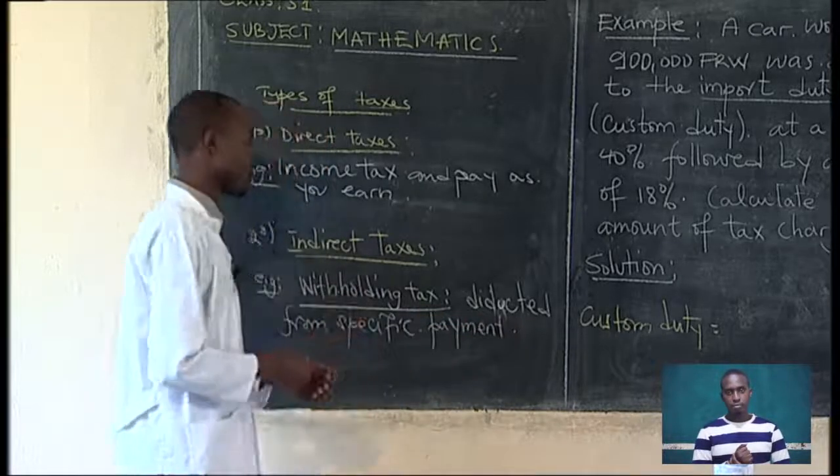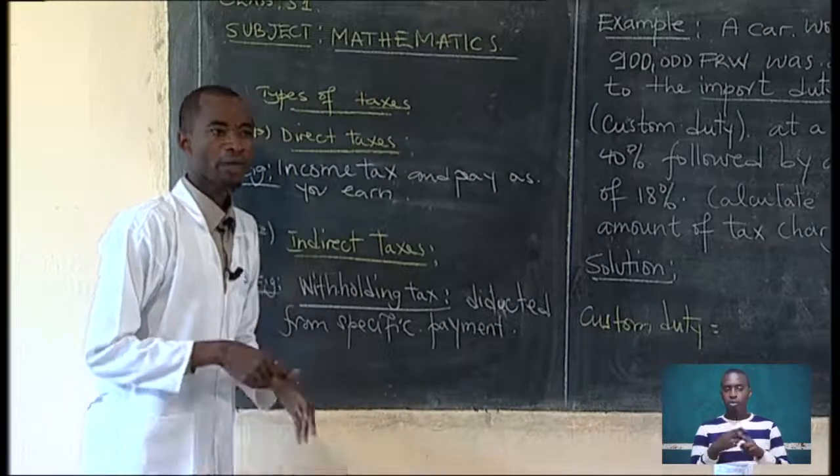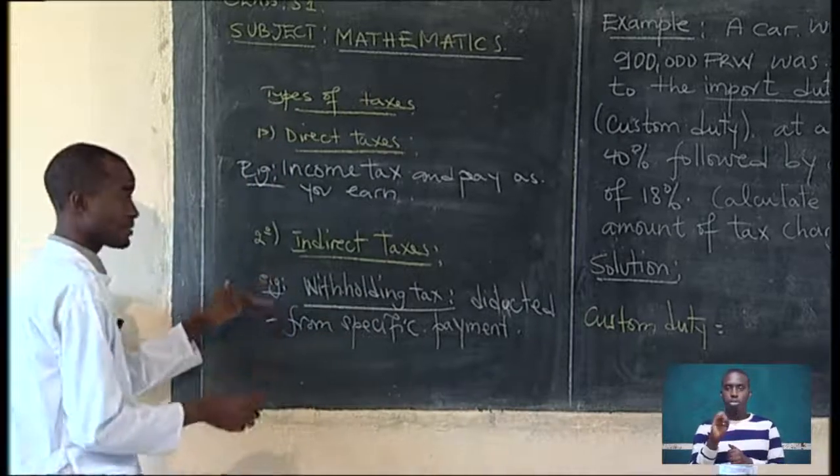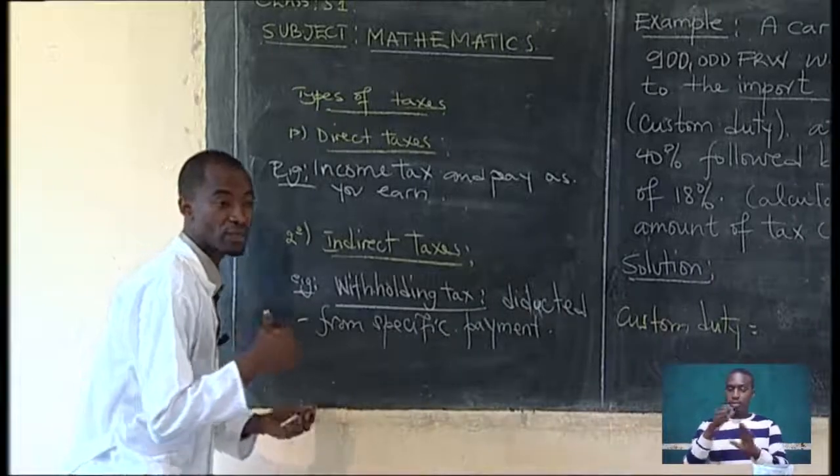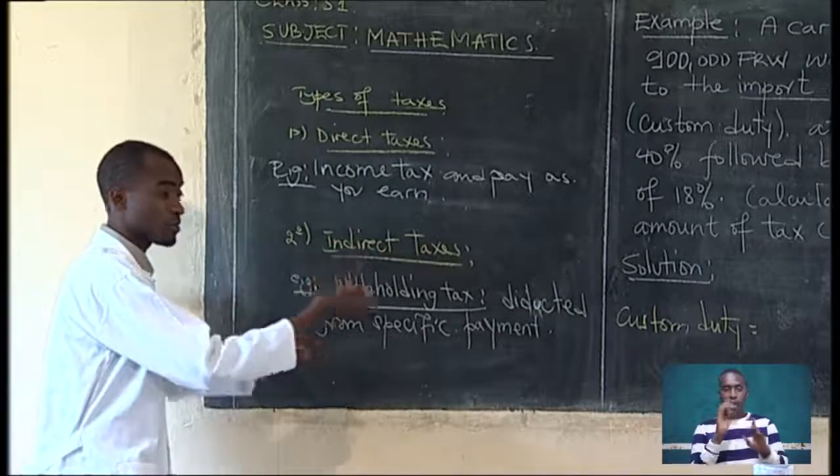So we call it withholding tax. We have another one under indirect taxes. It's not like pay as you earn.